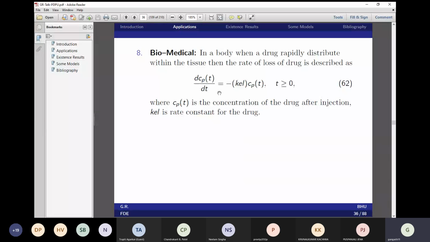Basically dC/dt is the integer order derivative, where Cp(t) is the concentration of the drug after injection, and Cl is the rate constant of the drug.